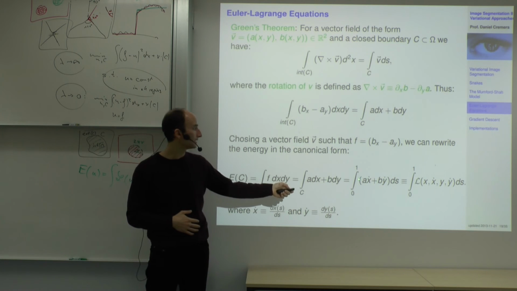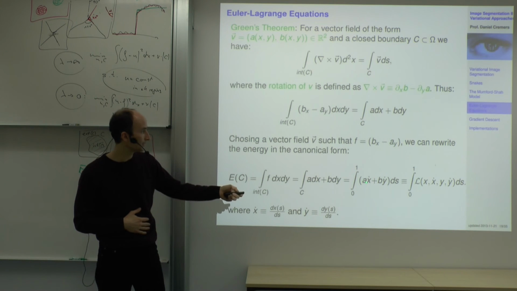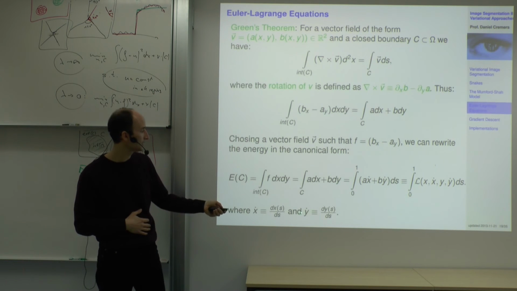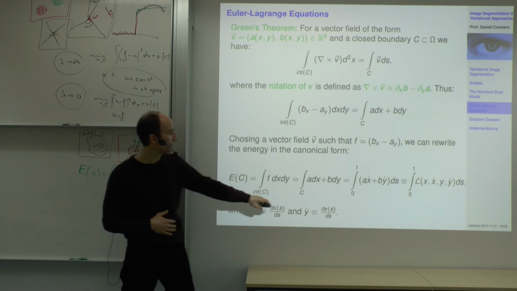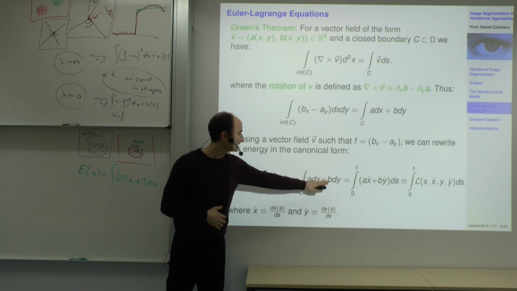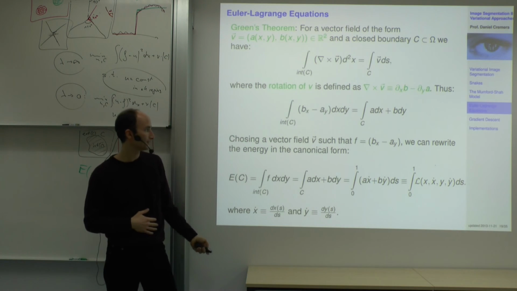And now we rewrite that again by writing A times dx by ds times ds, and dy by ds times ds. So we just replace the dy as dy by ds times ds.